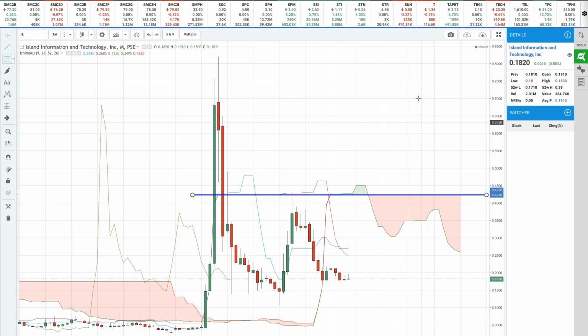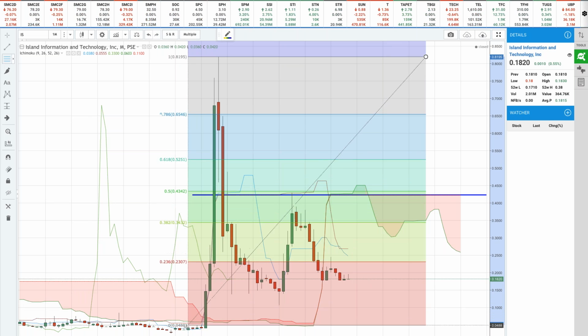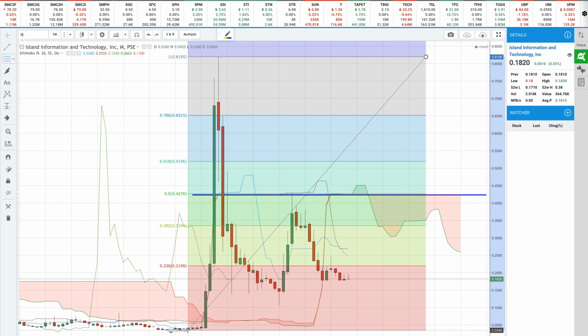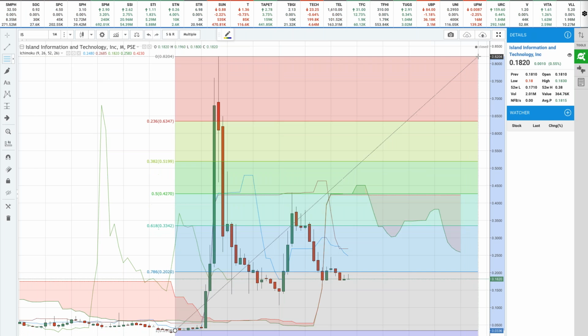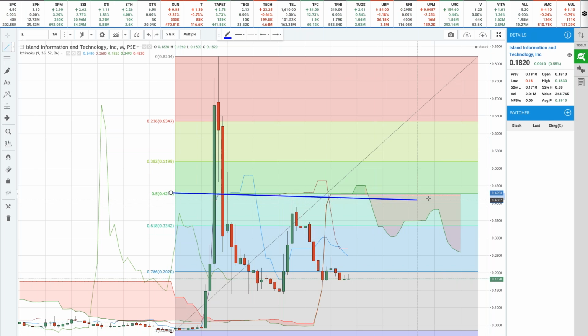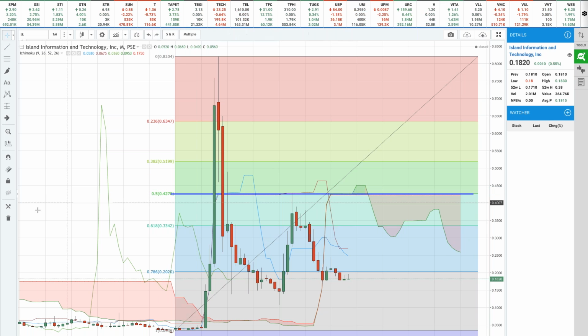Apart from that, we also find there's a Fibonacci level at that area. We see that this is also where we find the 50% level.